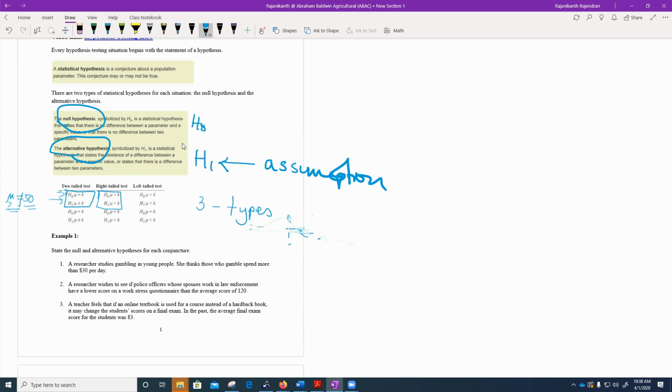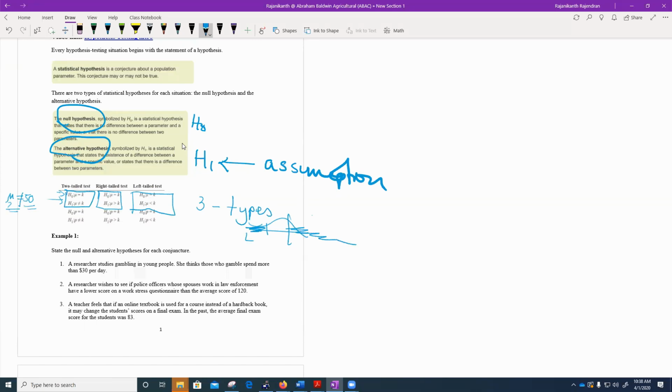In the right tail test, you will always have the greater than sign. For the left tail test, you have the less than sign, right? Left side. This is my left, right? Therefore, based on your assumption, you can set up your statistical hypothesis.